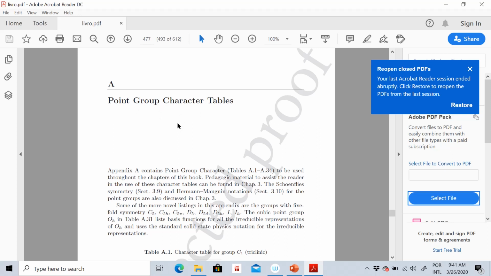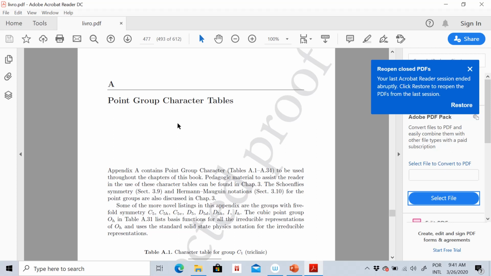Point groups are a very important set of groups for molecules and for solids, in which you apply symmetry operations, and at least one point of your object, or if you want one atom of your molecule, remains invariant and doesn't change.